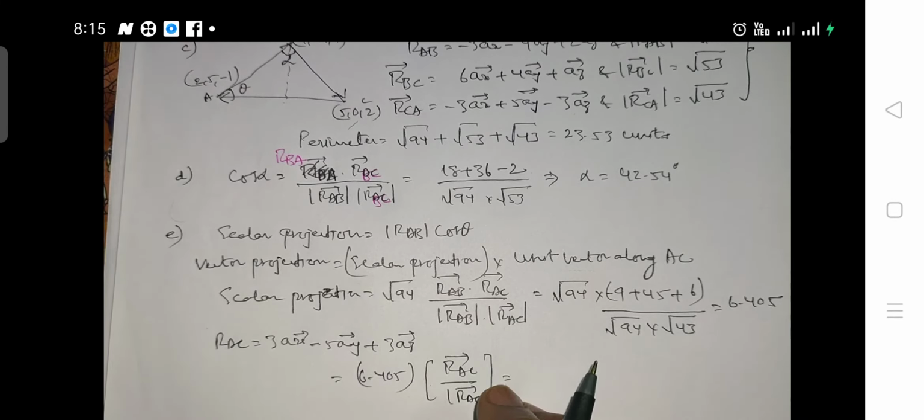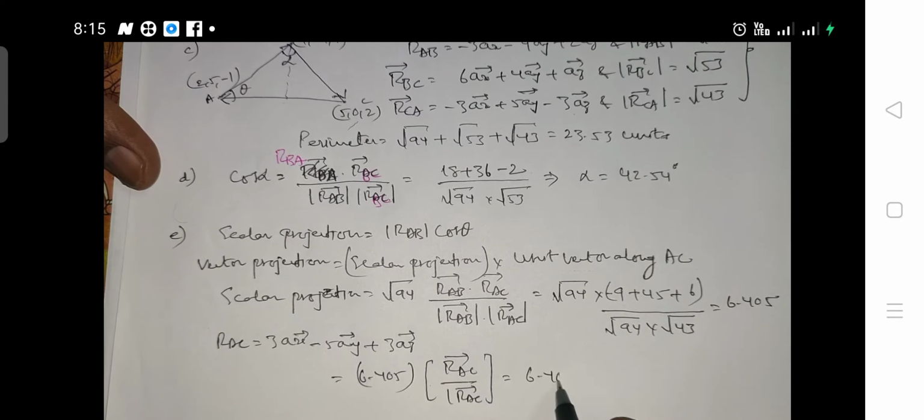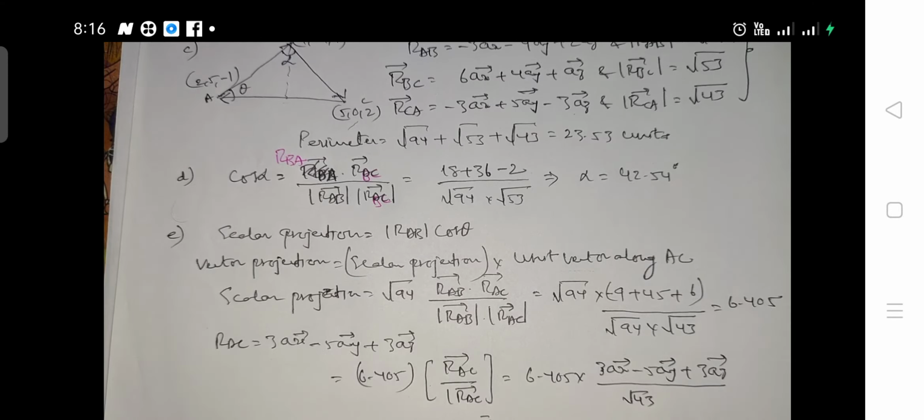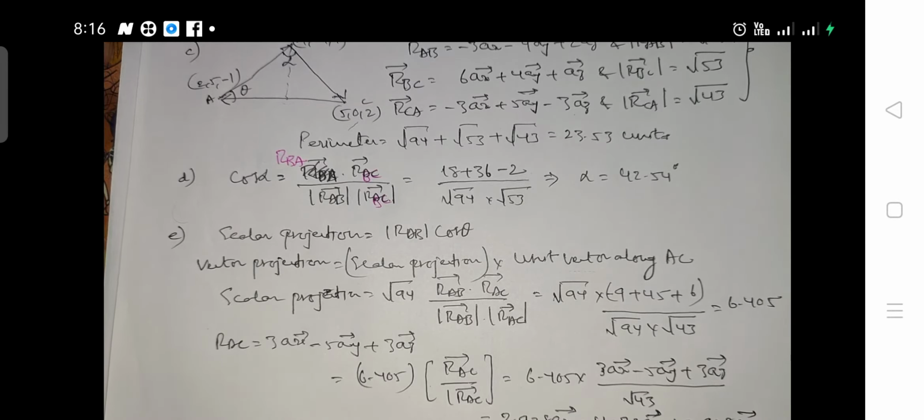If we do this, we finally get 6.405 multiplied by 3AX bar minus 5AY bar plus 3AZ bar divided by square root of 43, and after simplification we get a value of 2.928 AX bar minus 4.88 AY bar plus 2.928 AZ bar.